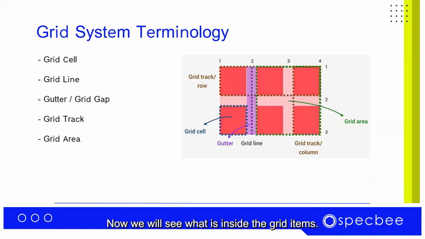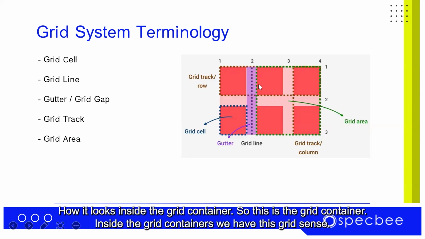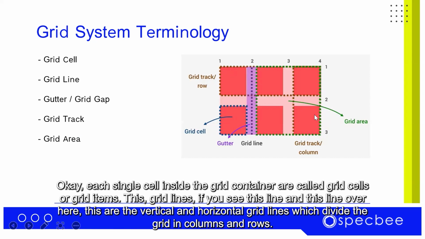Now we will see what is inside the grid container and how it looks. So this is the grid container. Inside the grid container, we have these grid cells. Each single cell inside the grid container is called a grid cell or grid item. These grid lines, this line and this line over here, are the vertical and horizontal lines which divide the grid into columns and rows, and they are automatically numbered.